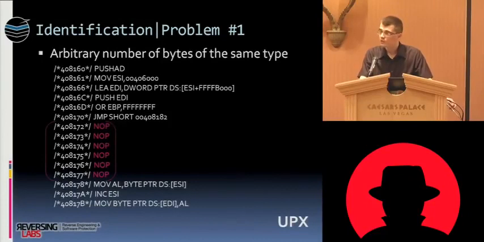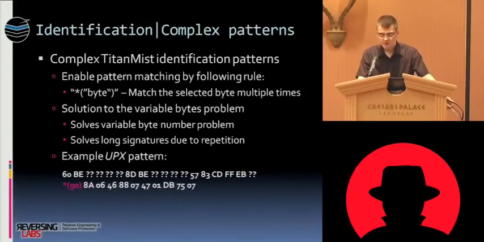So in order not to have too many signatures for just UPX, we added a wildcard to our pattern matching, which looks like this. Our complex pattern matching would look like star, then our pattern, and then in the parentheses, you will have the byte which repeats an indefinite amount of times.